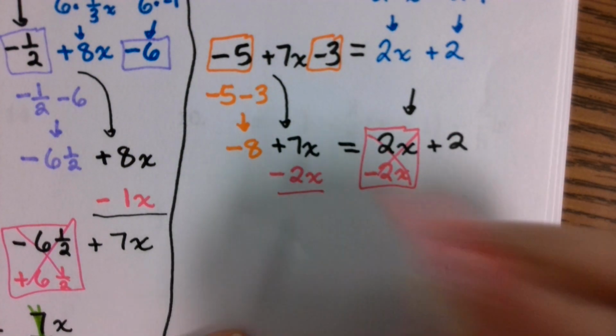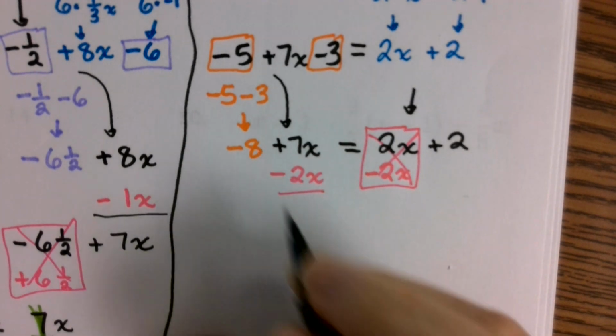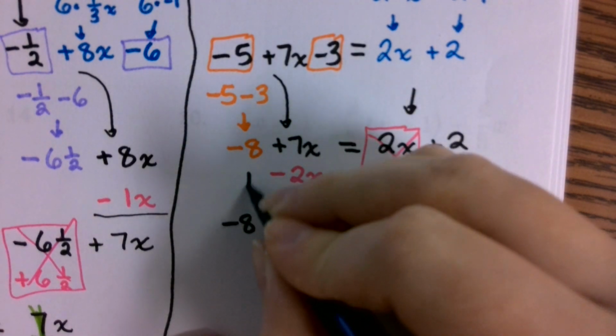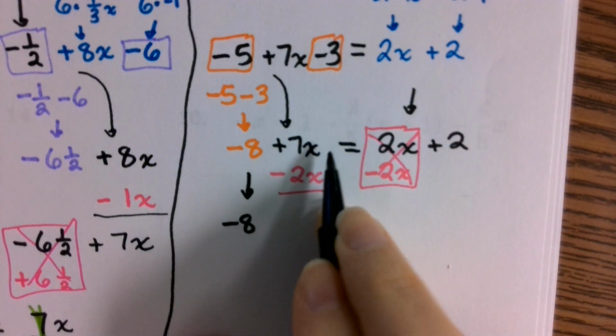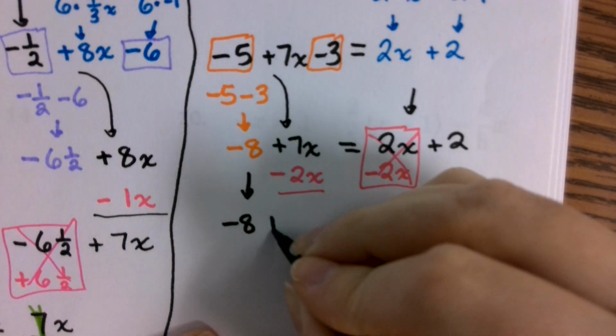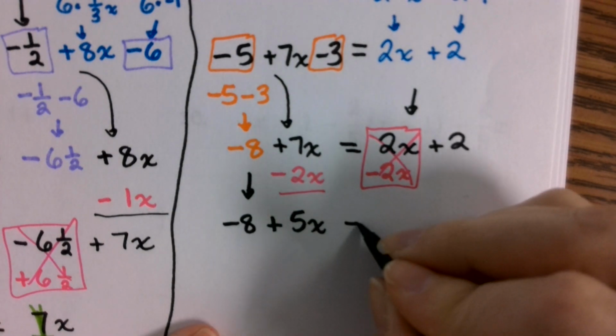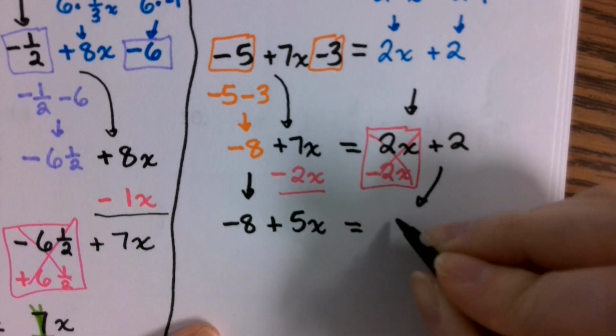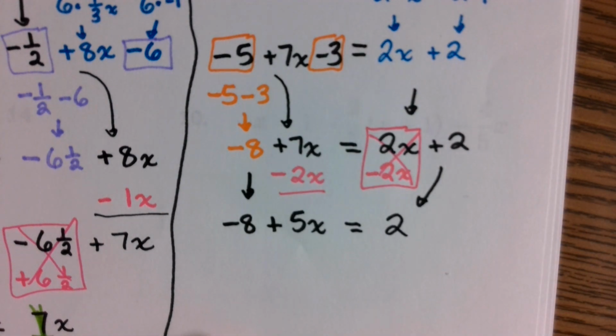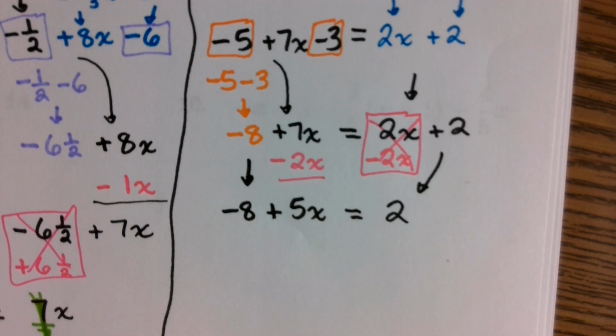By doing so, I'm now going to have a negative 8, because that's going to come straight down. 7x minus 2x is going to be a positive 5x. So I put plus 5x. And it equals, this positive 2 comes straight down as just a 2. All right, from here, Leah, what's the first thing that we need to do?